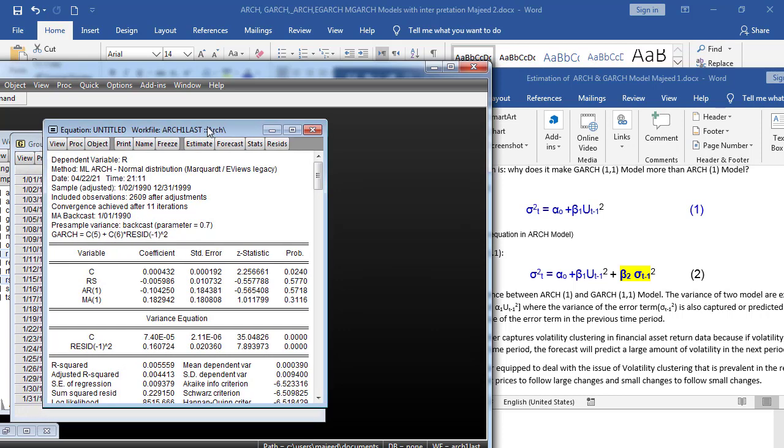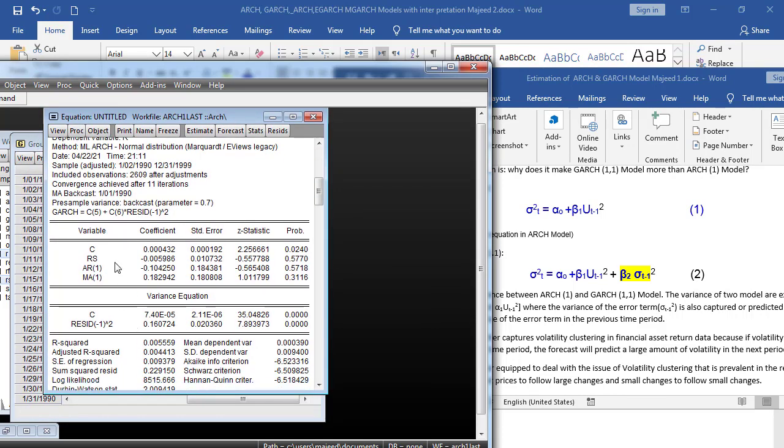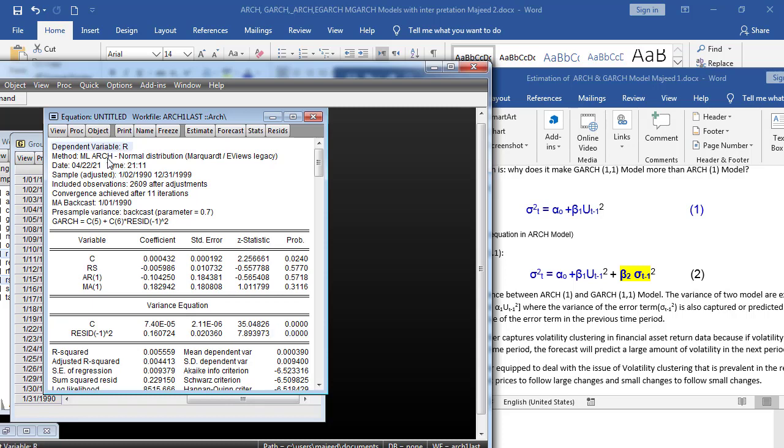This is the ARCH effect model. As you can see, the residual square lag 1 is positive and statistically significant, and the dependent variable is return. This means that the residual lag 1 square positively influences the return and is statistically significant. So in this case, the ARCH effect is present in the model.